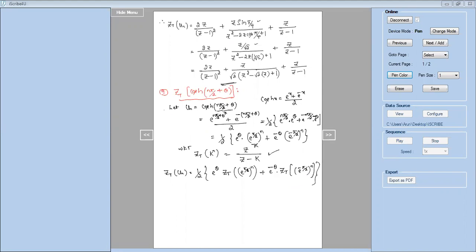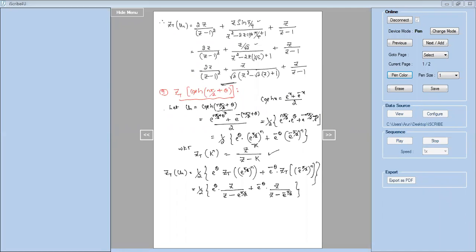So I can write this as 1 by 2 into e power theta into Z by Z minus e power pi by 2, plus e power minus theta into Z by Z minus e power minus pi by 2.